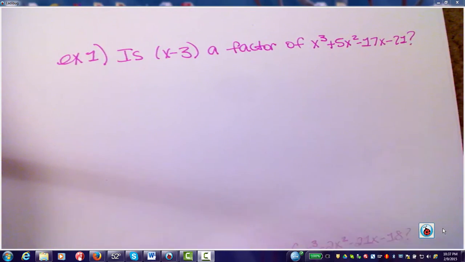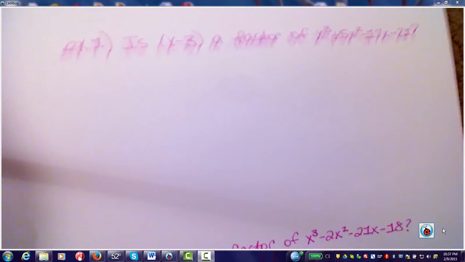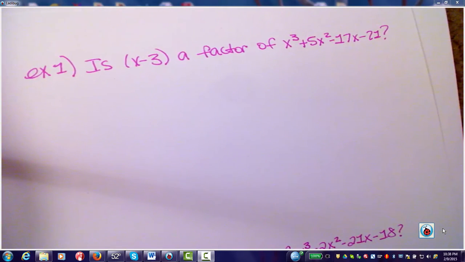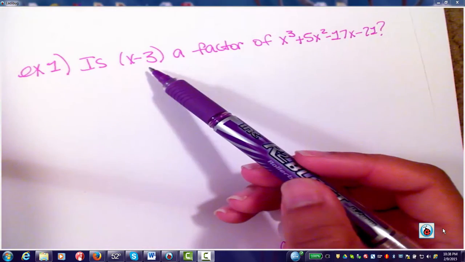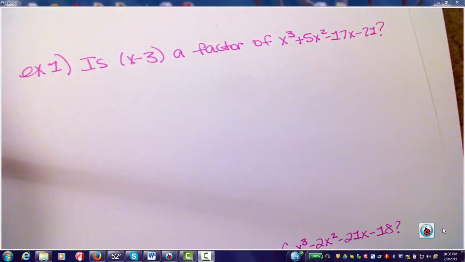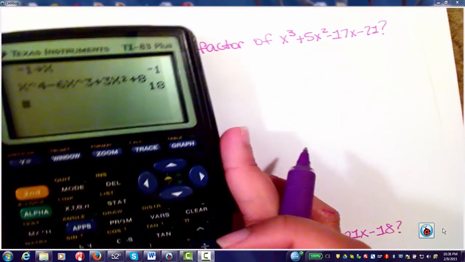So let's look at example 1. Is x minus 3 a factor of x cubed plus 5x squared minus 17x minus 21? The first thing we want to do to apply the factor theorem is to apply the remainder theorem. So we are going to evaluate this function at positive 3. So let's go ahead and store 3 in our calculator.